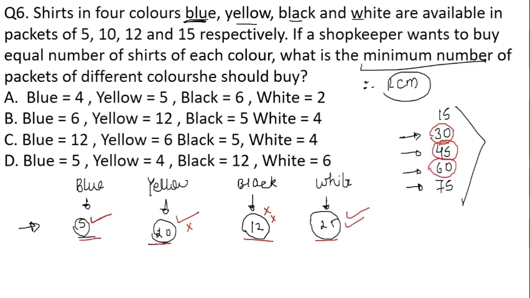Now 60 comes in the table of 5 as well as 10, 12 and 15. So this is the least common multiple which comes in the table of all the 4 numbers. Hence we can conclude that the LCM of all the above 4 numbers is 60. Got it? So here the LCM is equal to 60.